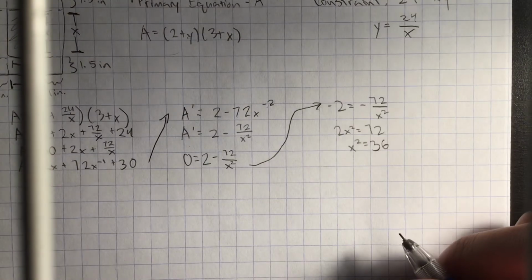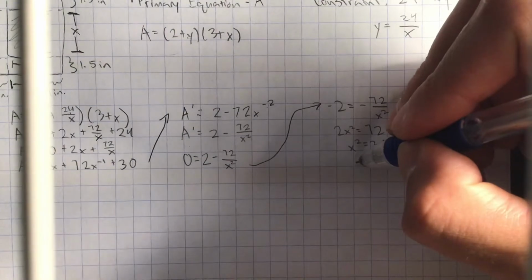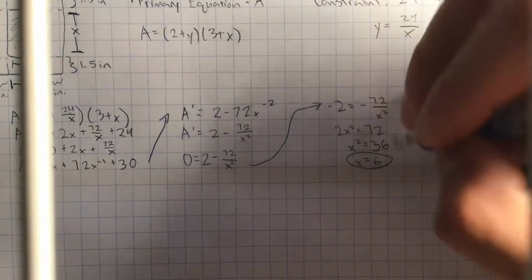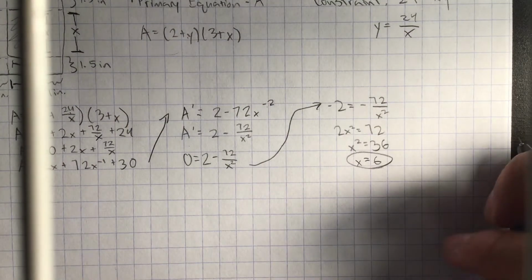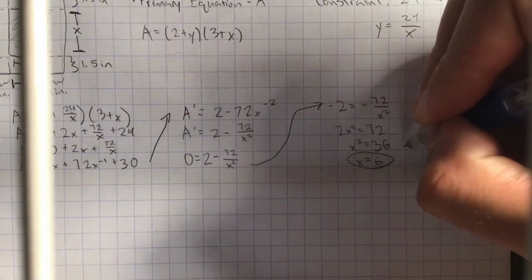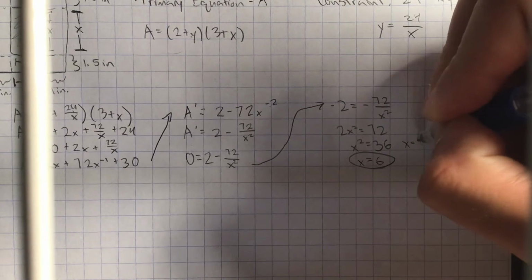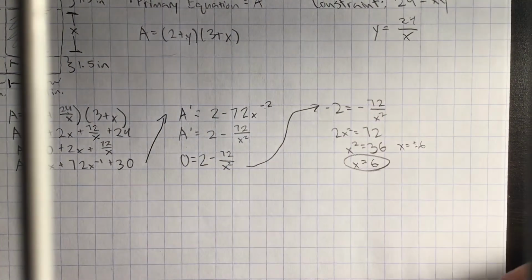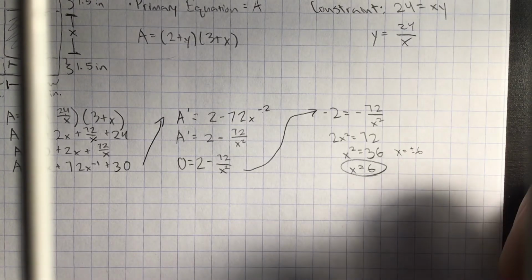Once again, a nice even number, and the square root of 36 is 6. So also remember that x equals plus or minus 6, because that's a square root, but we're dealing with positives here, so x just equals 6.